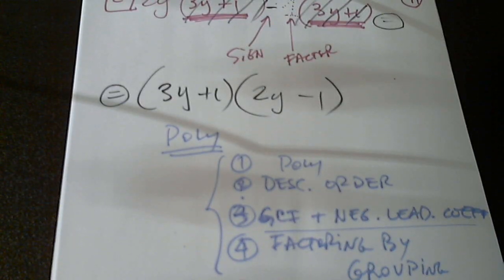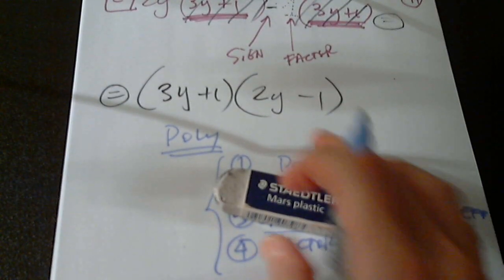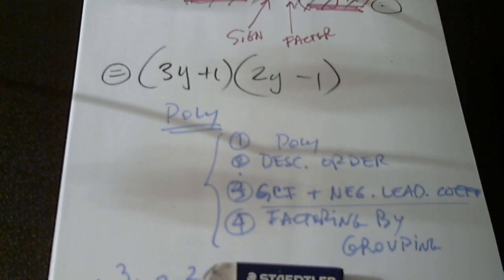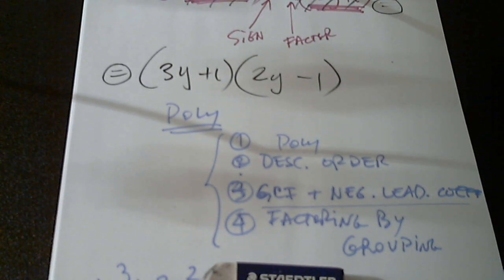So what will you factor out from the first 2? x squared. Very good. Can anyone tell us what is left in parentheses? It's x plus 2.